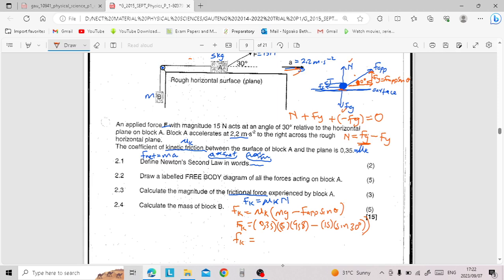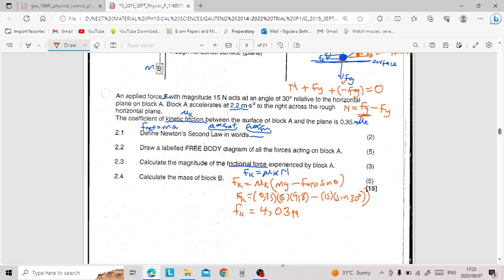Right, so the answer is 4.03 newtons, 4.03 newtons, to 2 decimals please.